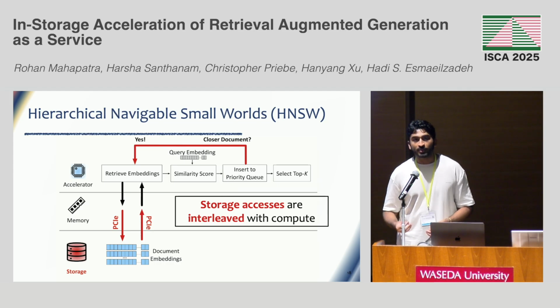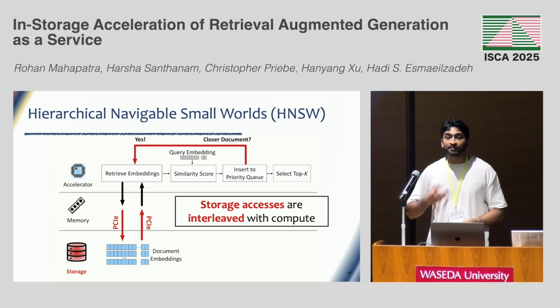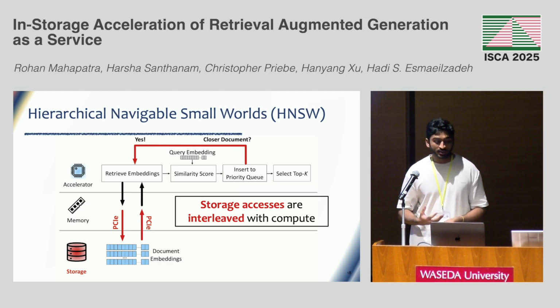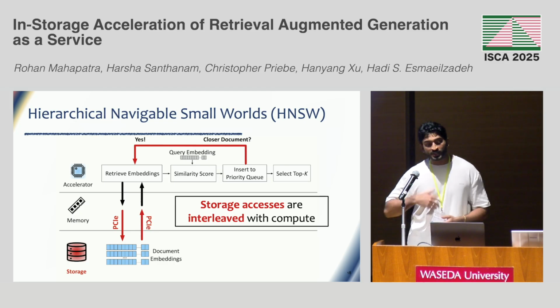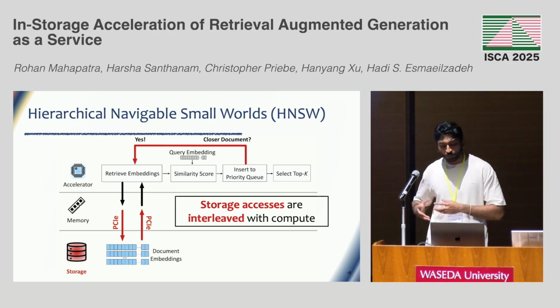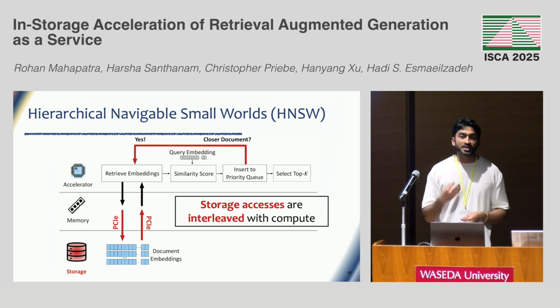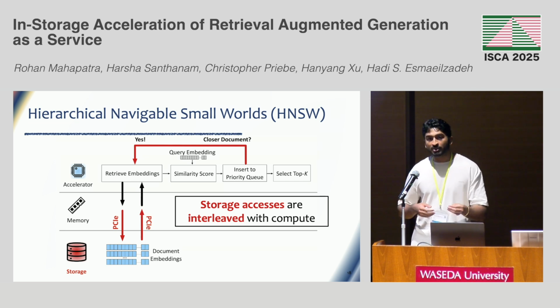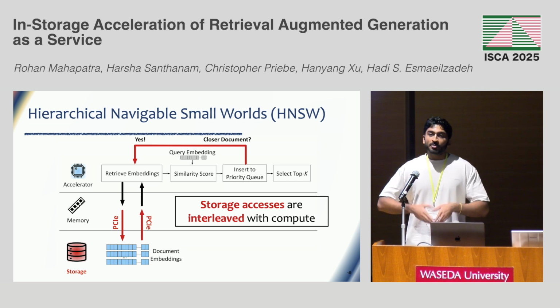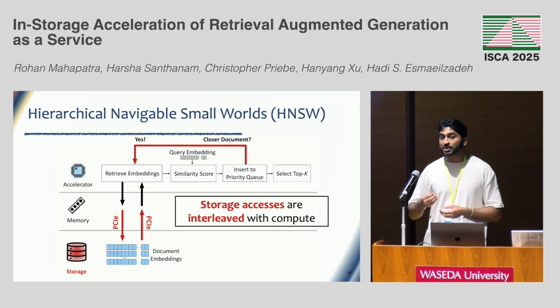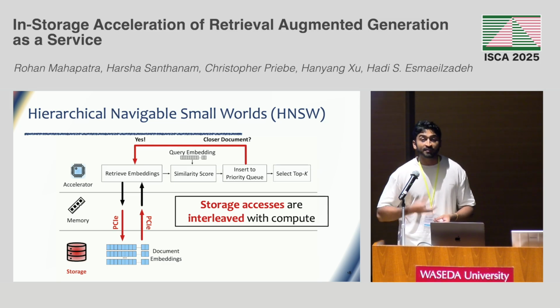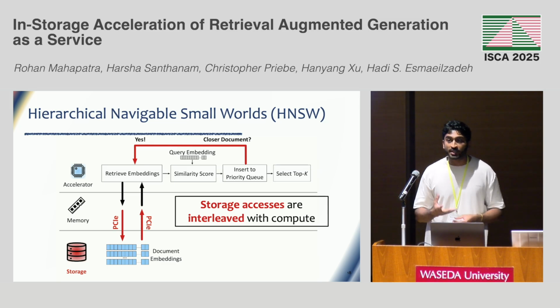So the first step is to go to the root node of the graph and fetch the neighboring document embeddings. To fetch the document embeddings, you have to send an NVMe request, which then moves the embeddings over PCIe into memory. Now it's in memory, you can do your distance computations between the document embeddings and the query embedding. Based on these computations, you'll choose the document embedding closest to the query embedding and fetch that document embedding's associated neighbors.